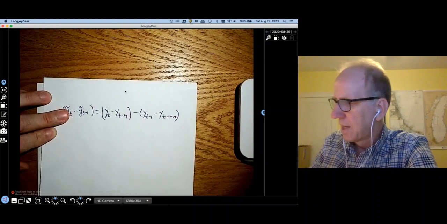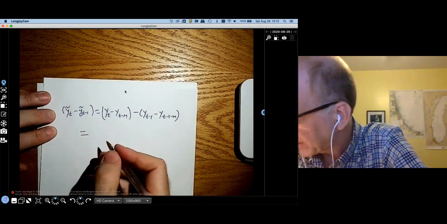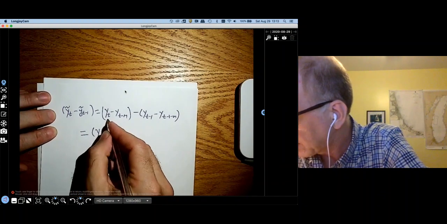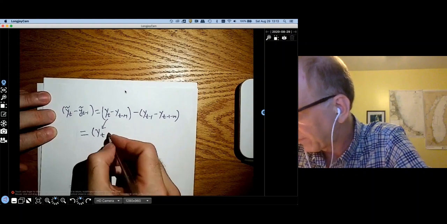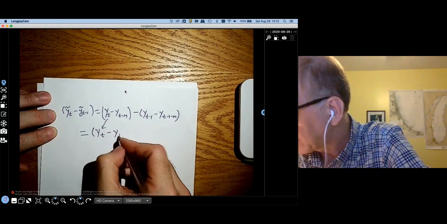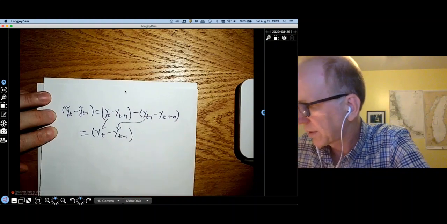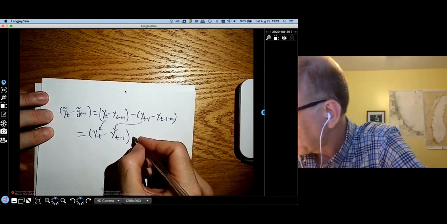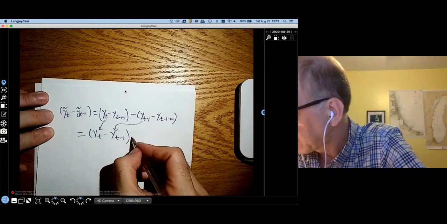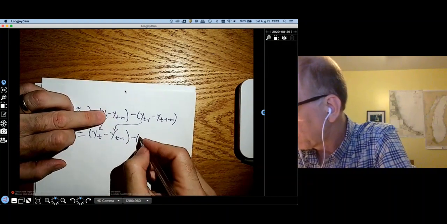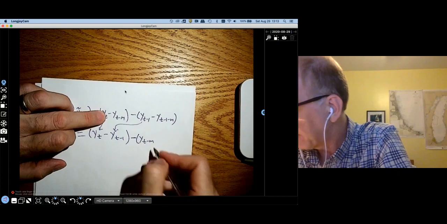Now, I'm going to rearrange a few things here. I'm going to rewrite this as y_t. Let me just draw arrows to show you where this stuff is coming from. Minus y_(t minus 1). The minus goes in front. And then I've got a negative, I'm going to pull that out. Y_(t minus m).